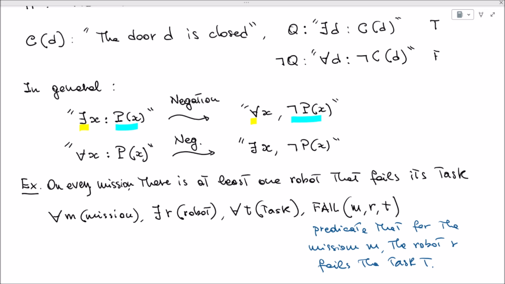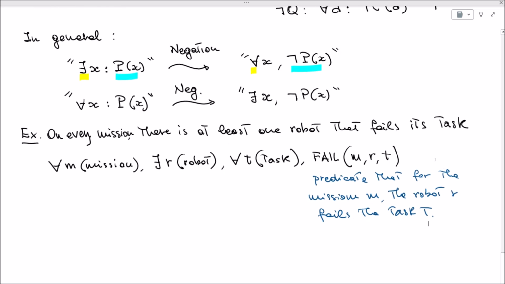So now that we have this proposition, we can try to build the negation of this proposition.